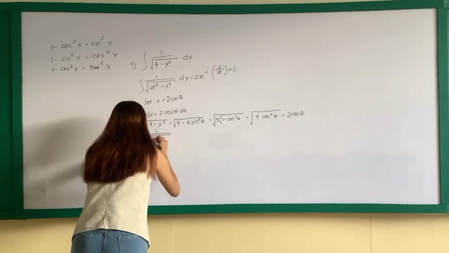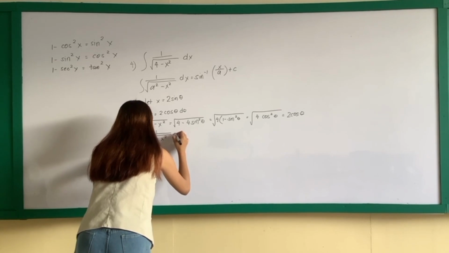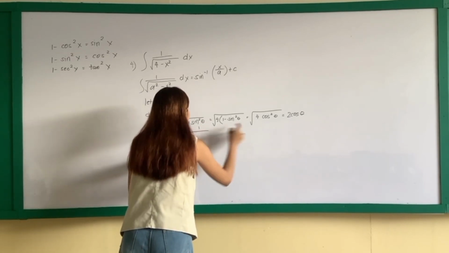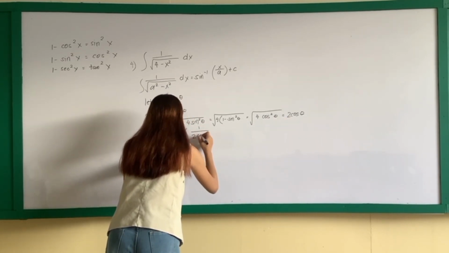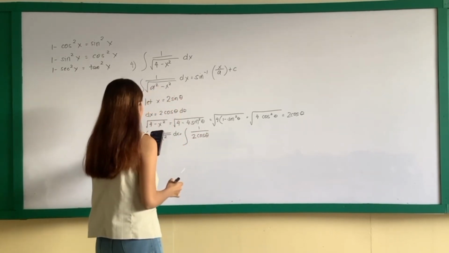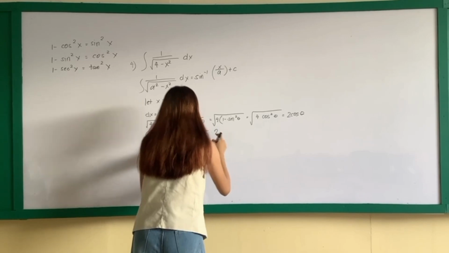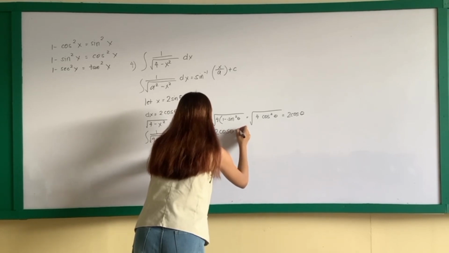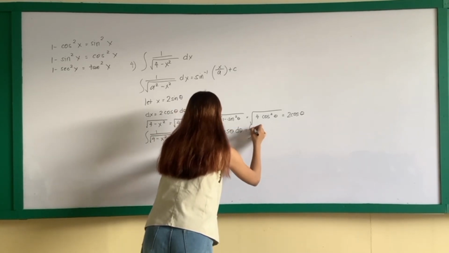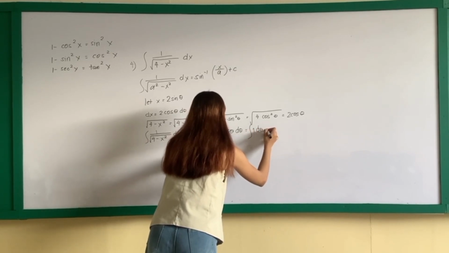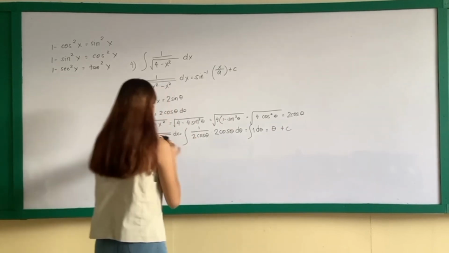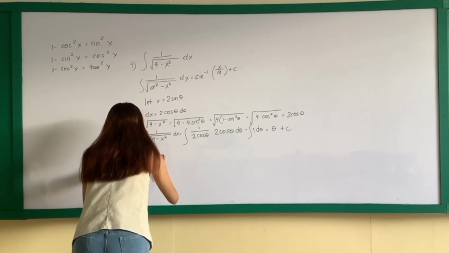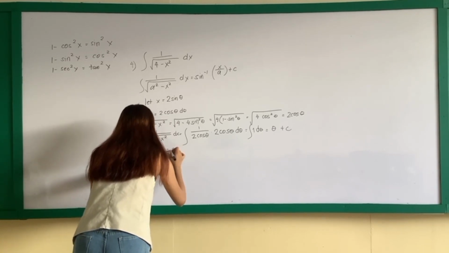The integral of 1 over square root of 4 minus x squared dx is equal to the integral of 1 over 2 cosine theta multiplied by 2 cosine theta d theta, equals the integral of 1 d theta, equals theta plus c, and our theta is equal to arc sine x over 2.